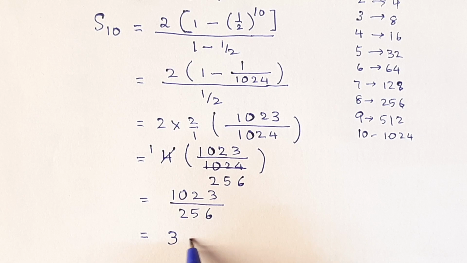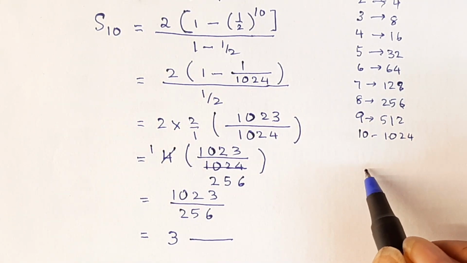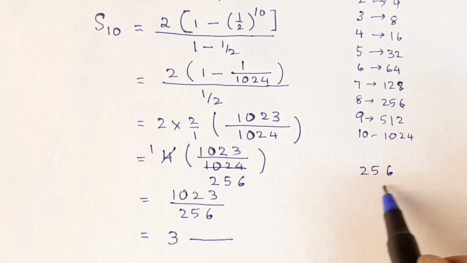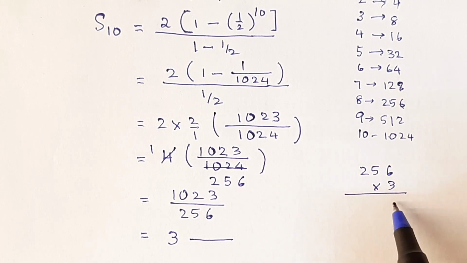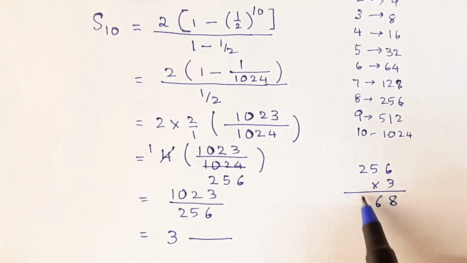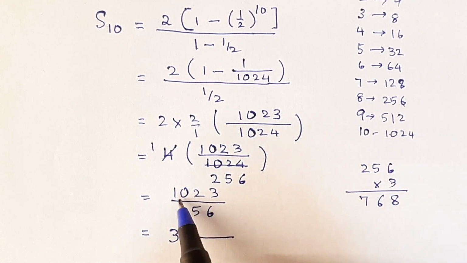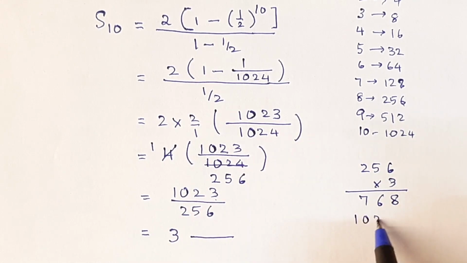Now when it goes 3 times, how much will be the remainder? Let's check it out. 256 multiplied by 3 is 3 6's 18, 3 5's 15, 16, 1, 768. So now 768 will be subtracted from here. So 1023 subtract 768.